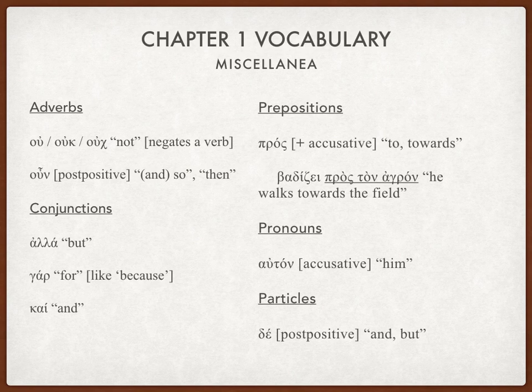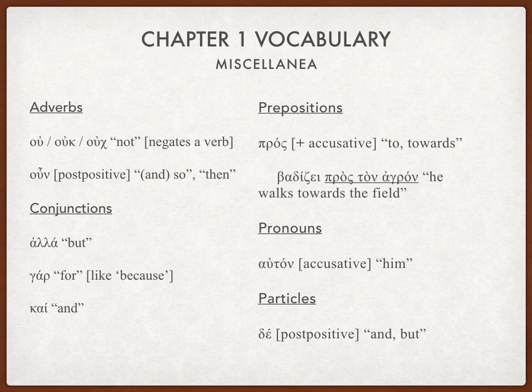You also have a couple prepositions here. This introduces us to a very important feature with prepositions like "to" or "towards." The word you want to memorize is pros, but you also want to memorize this other piece of information with pros. When pros is followed by an accusative noun, it means "to" or "towards."